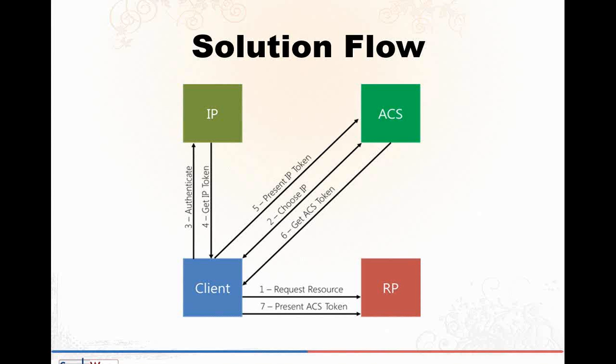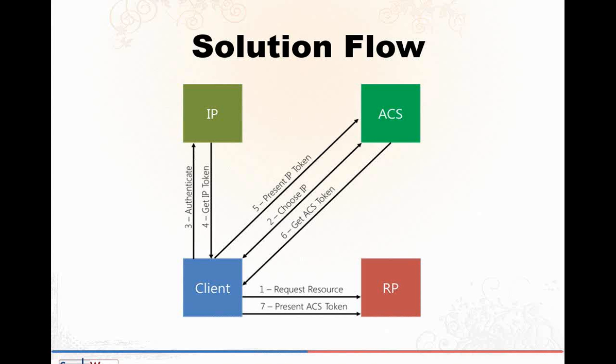ACS is the Access Control Service offered by Azure that we talked about, and RP is our application, a relying party application, which relies on ACS for authentication. Last but not least, the client is the client application, in this case typically the browser. Instead of a browser, it can also be a web service which wants to use this mechanism for authentication.